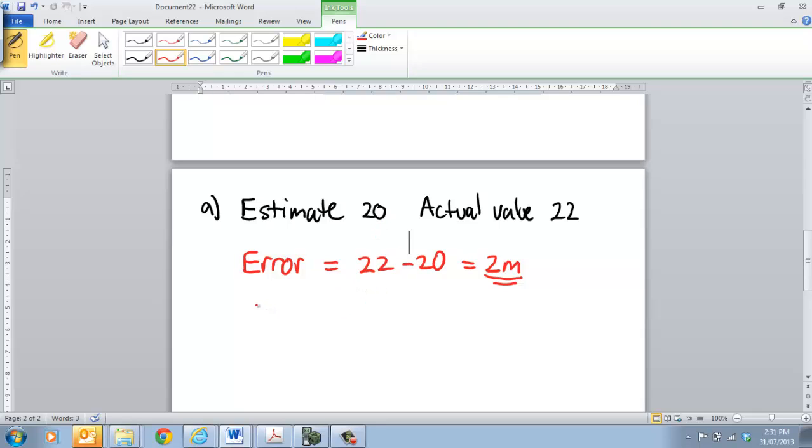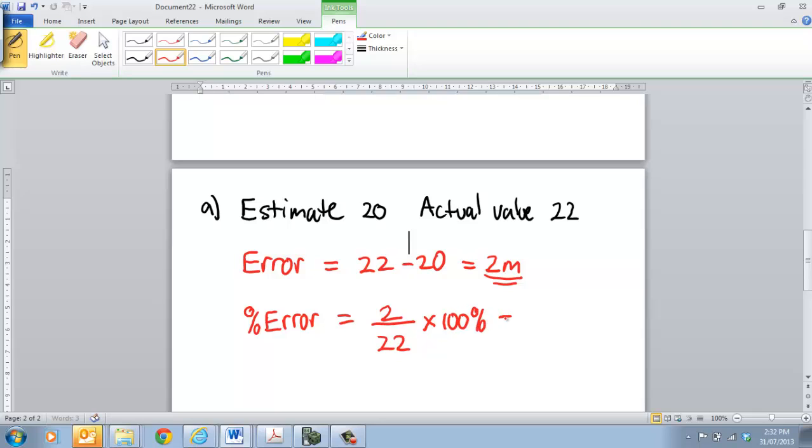Now often we present this value as a percentage error. Alright, so the percentage error is simply the difference between the two, which is our value which we just worked out there, so it's our error, 2, over our expected value, the actual value, which is 22, and then we convert that to a percentage by timesing by 100.